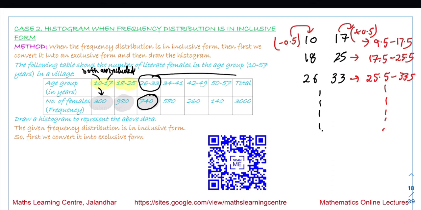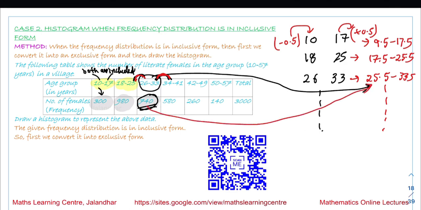So how many values are between 25.5 and 33.5? It is also 740, because there is no value between 25 and 26, and between 33 and 34. The table given to us is age group in years and number of females.